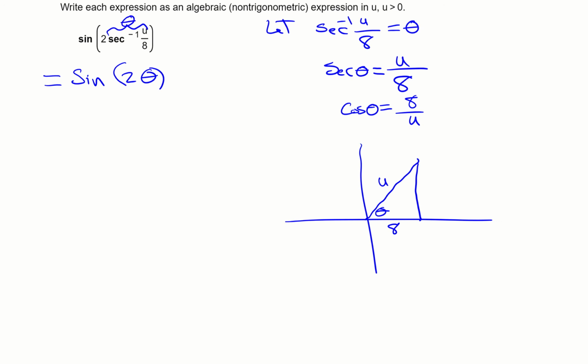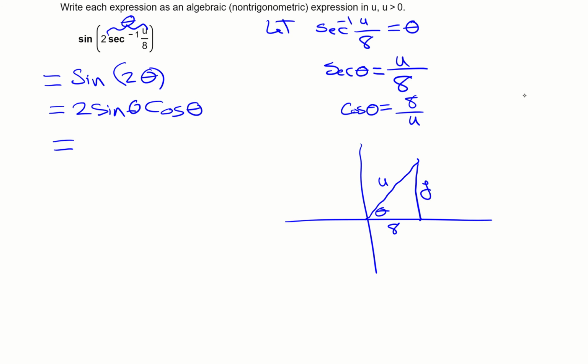So it's the same as sine 2 theta, which as we know is 2 sine theta cosine theta. So we're going to need sine of theta and cosine of theta. We already know cosine of theta. We found it here. So we need the sine of theta. So for that, we will need this opposite side. So let's just go ahead and give it a name like y and find y.